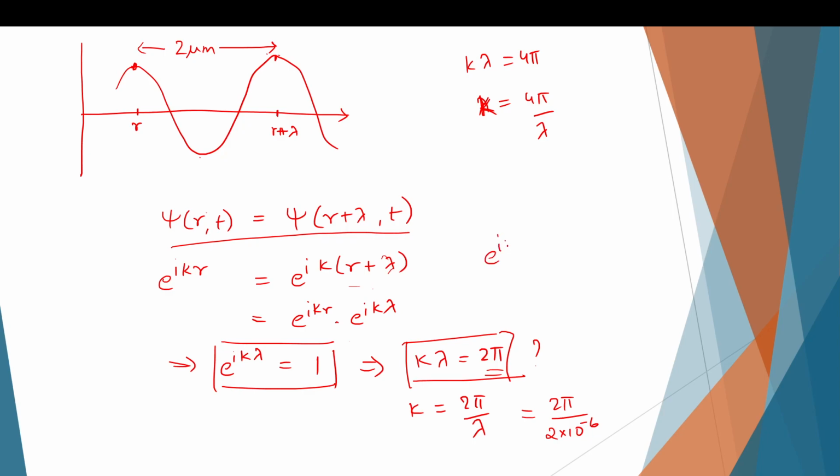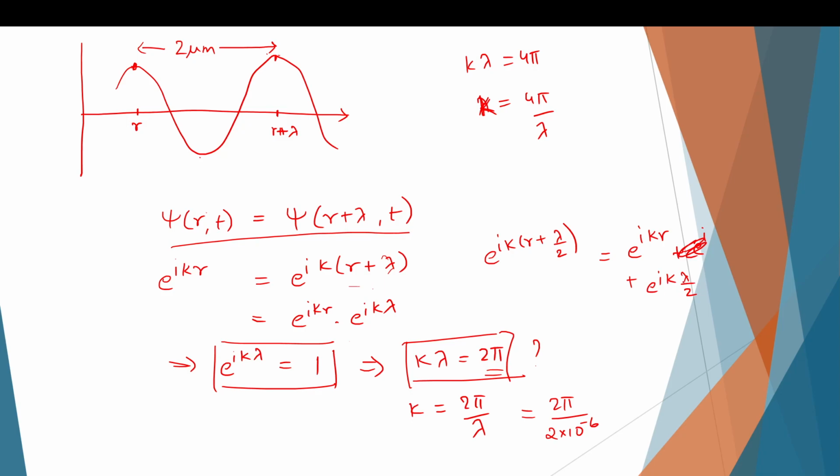If I do e power i k (r plus lambda by 2), that will be equal to e power i k r times e power i k lambda over 2.